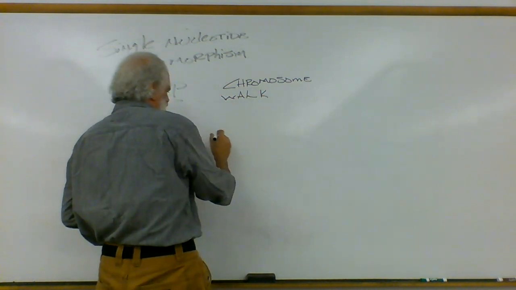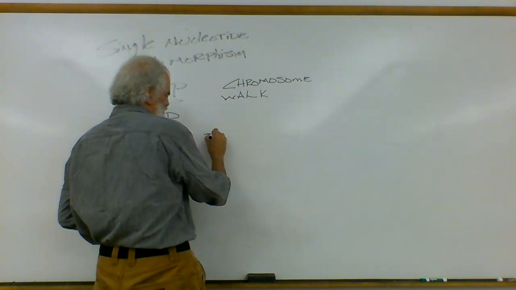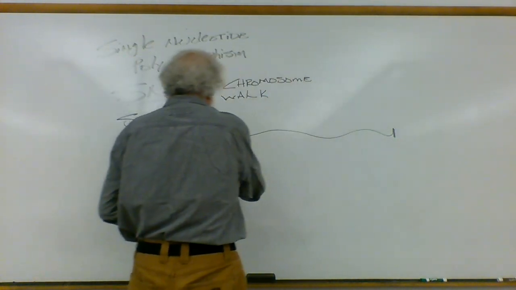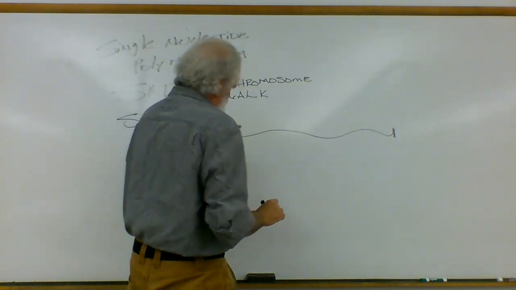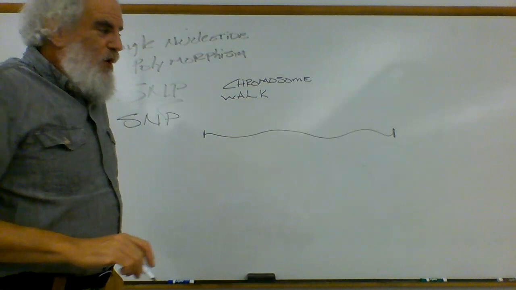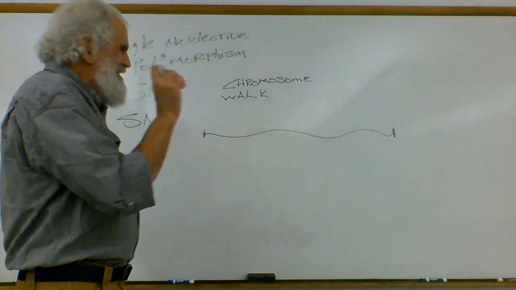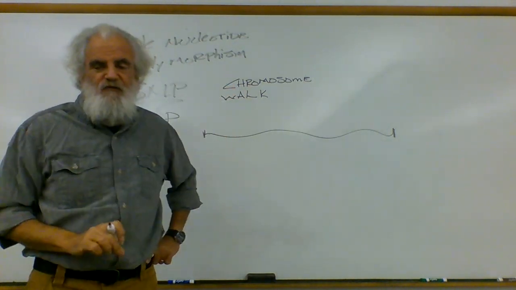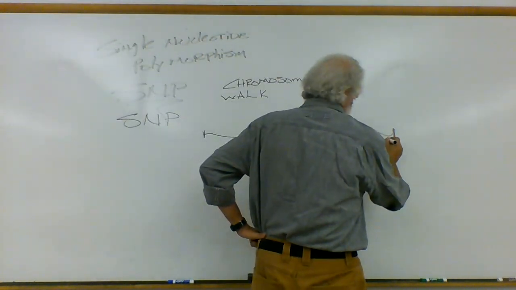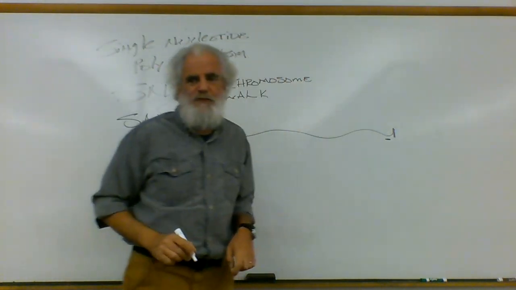So we've got a region of the genome that we're interested in studying. And who knows where your gene is? We're going to have to figure that out in a moment. What you can hopefully do is get a little piece of DNA from this chromosomal region. And so we got a piece of DNA right here. All right.